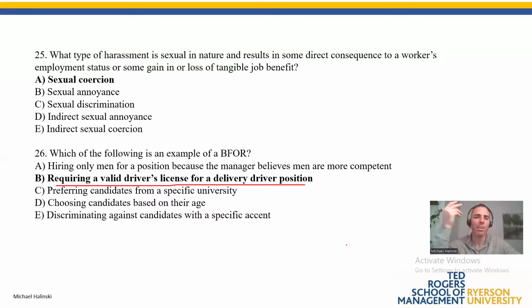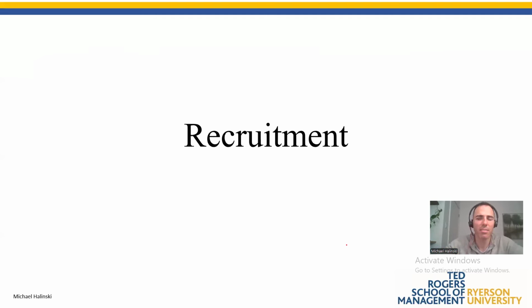Anytime we talk about strength or lifting, it needs to be definitive that it is a key component of the job. Because if I say you need to be able to lift 50 pounds, but in your role you only lift 20 pounds, that's not a B4. That is a form of indirect discrimination. So you just gotta be careful with that.